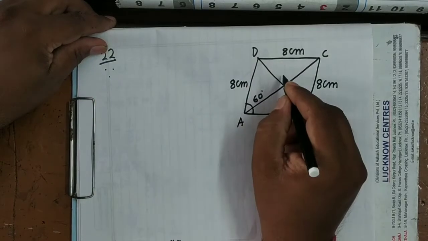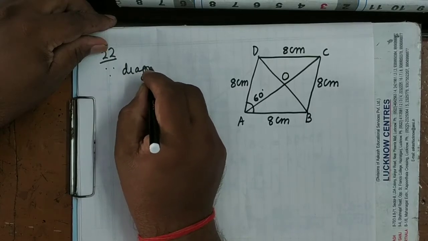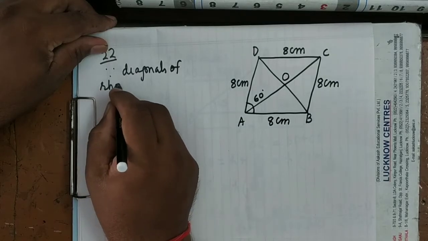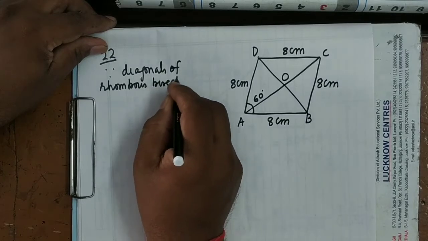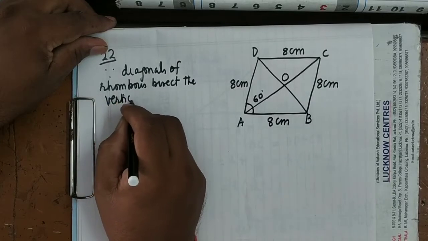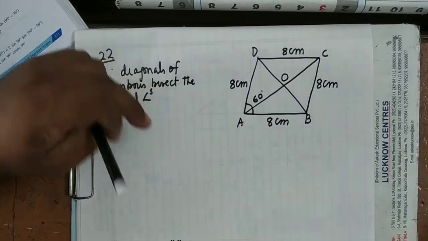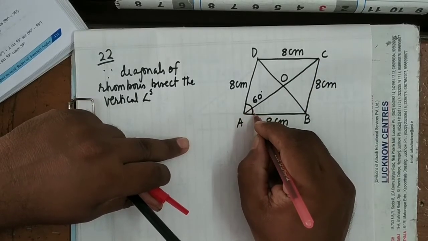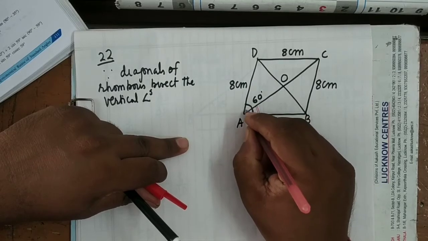Since diagonals of rhombus bisect the vertical angles, means diagonals are bisecting the vertical angle, means here this diagonal AC, it is bisecting the angle A as well as the C. Here this and this both will be equal.